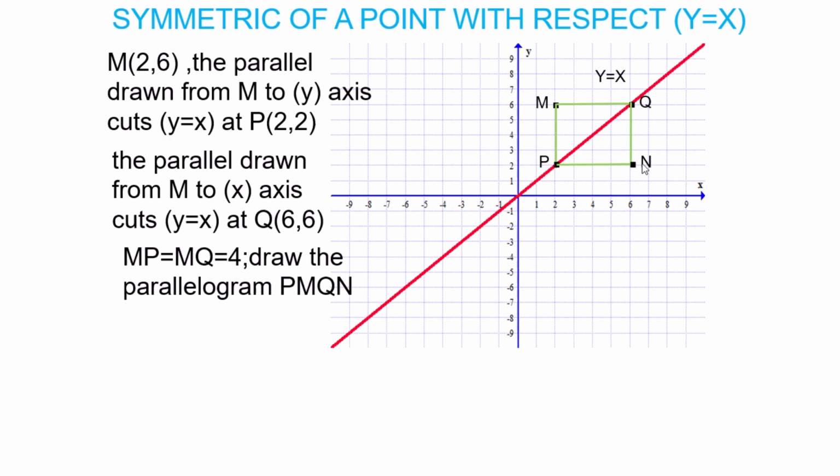Of P. All the points belonging to a vertical straight line have the same abscissa. All the points belonging to a horizontal straight line have the same ordinate. Then N has coordinates 6, 2. M is 2, 6 and N is 6, 2. They are symmetric with respect to the first bisector y equals x.